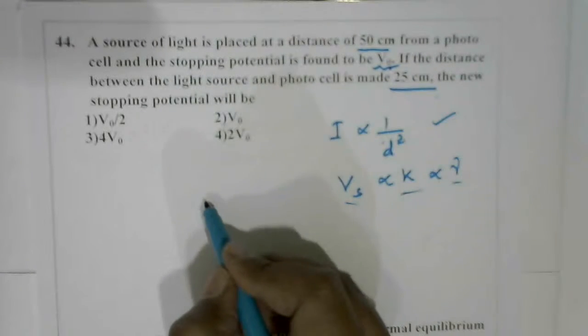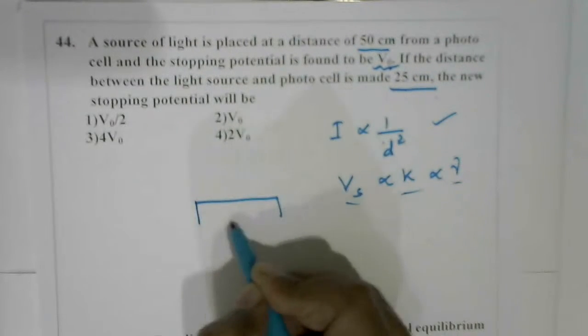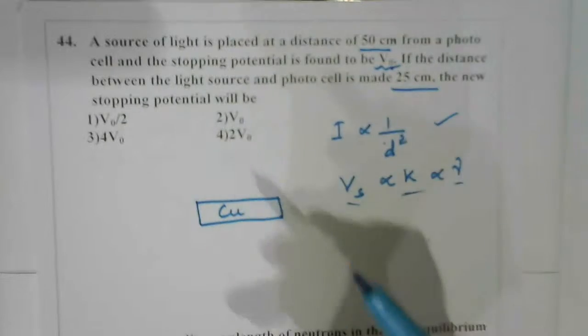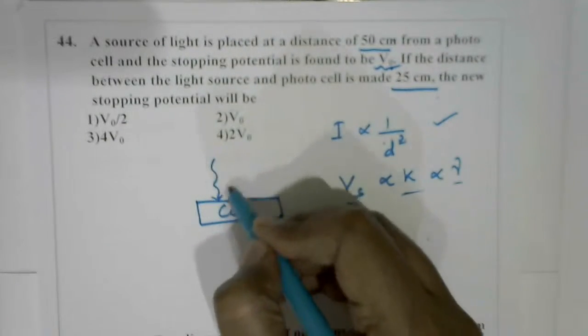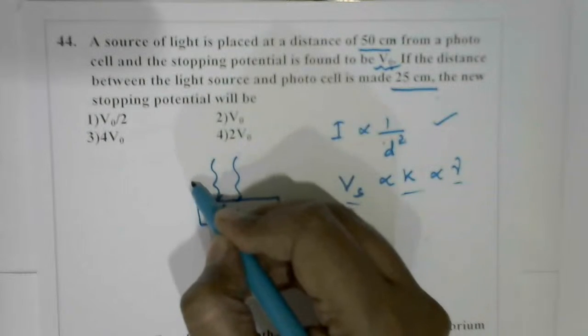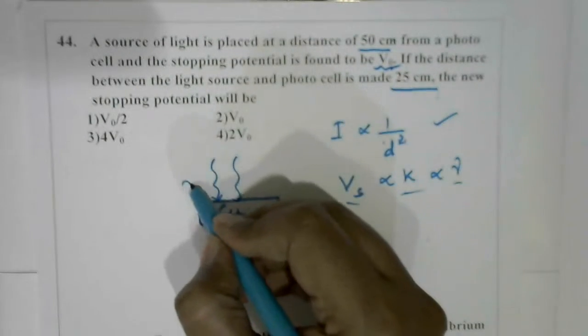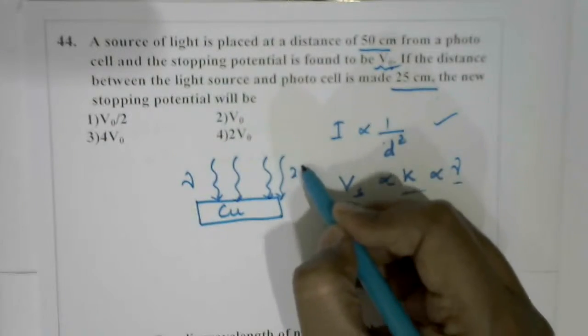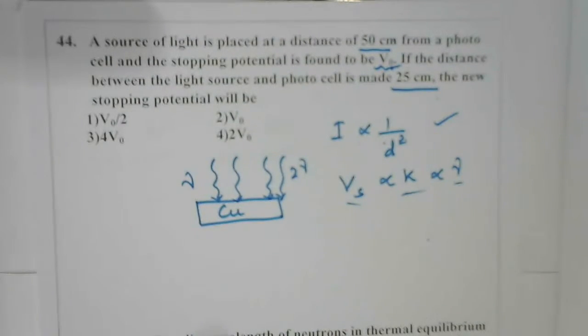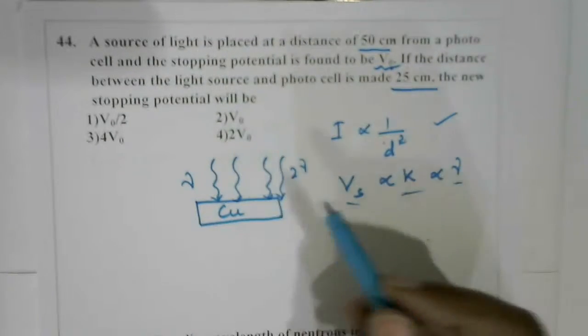Even though metal surface is same, suppose imagine one copper surface is there, but still, when the incident radiation frequency, suppose if I change, imagine initially I have some frequency nu. If later I made it as double nu, okay, double of this frequency, then what happens? Kinetic energy increases.